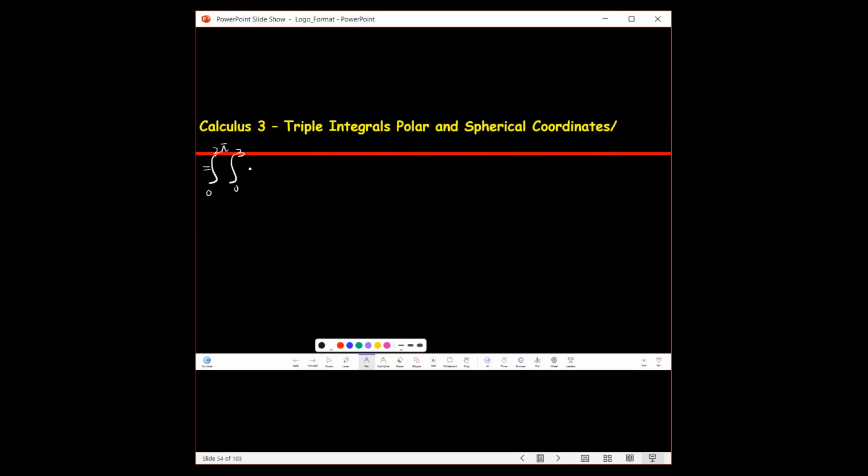So I'm going to start with 12 times 9 minus r squared, minus half of 9 minus r squared to the power 2, and minus 0, dr d theta.